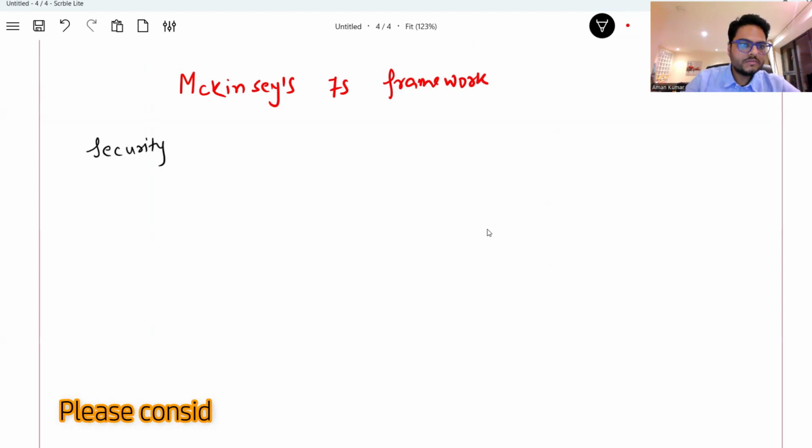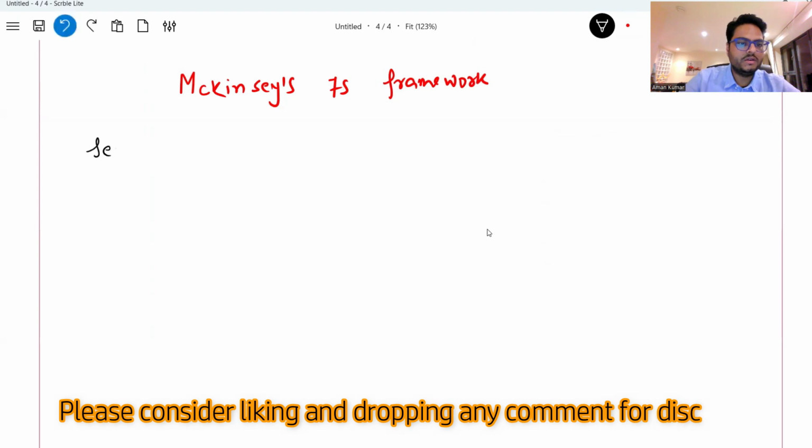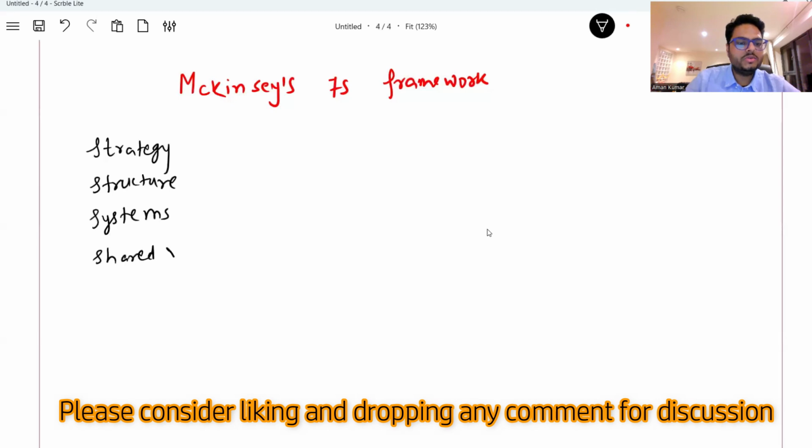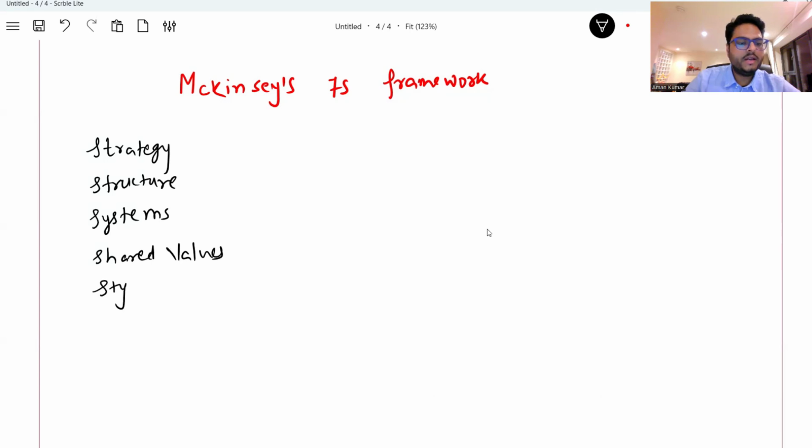The first thing is strategy. The McKinsey 7S framework starts from strategy, then it tells structure. I'm just going to explain what these things are. Then it tells systems, then it tells shared values, then it tells style, then it tells staff.